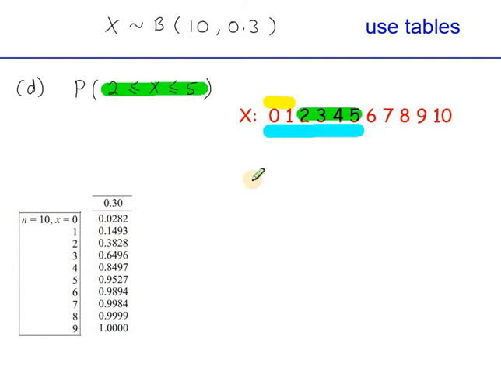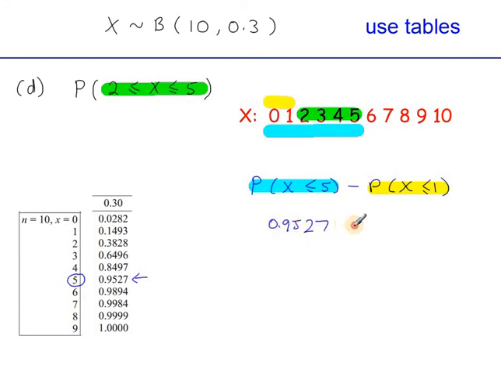So we have P(X ≤ 5) minus the probability that X is less than or equal to 1. So less than or equal to 5 was this part, and less than or equal to 1 is this part. So 5 there, 0.9527, less than or equal to 1 here, 0.1493.